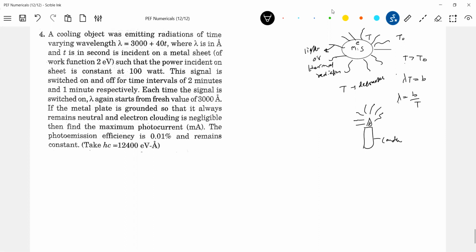Getting to the question, read once, a lot of information he has given. The signal is switched on and off for intervals of 2 minutes.